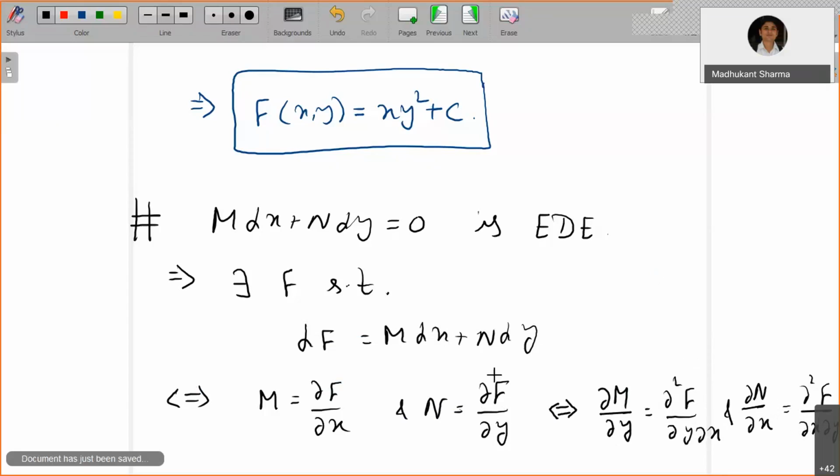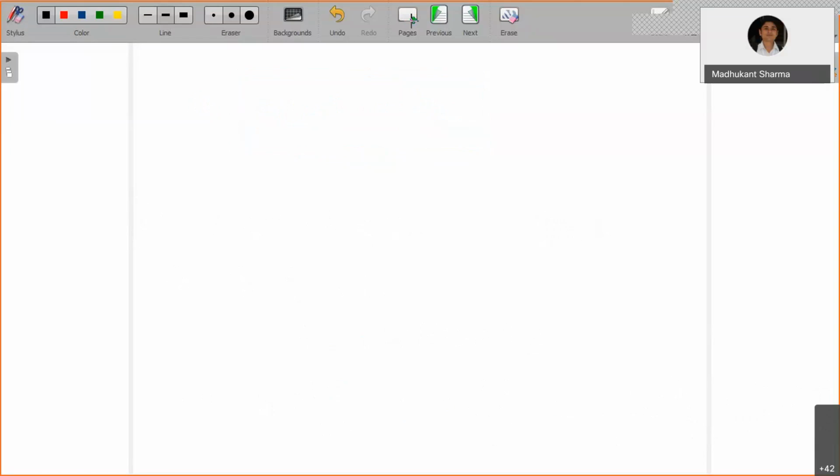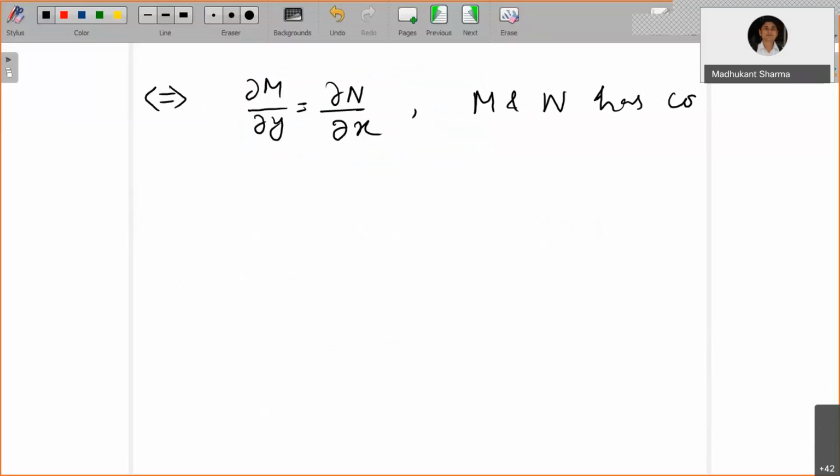So I'm just going to use that here. Assume that you have ∂M/∂y equals ∂N/∂x, whenever M and N have continuous first partial derivatives.